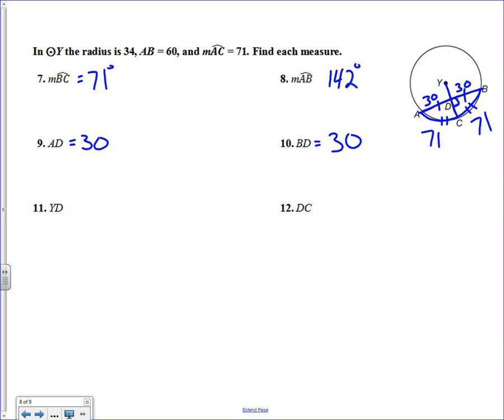YD and DC. So your first thought, which is wrong, is to say that YC is being bisected, and since the radius is 34, YD must be 17, and DC must also be 17. However, nowhere do we have something that says that, right?